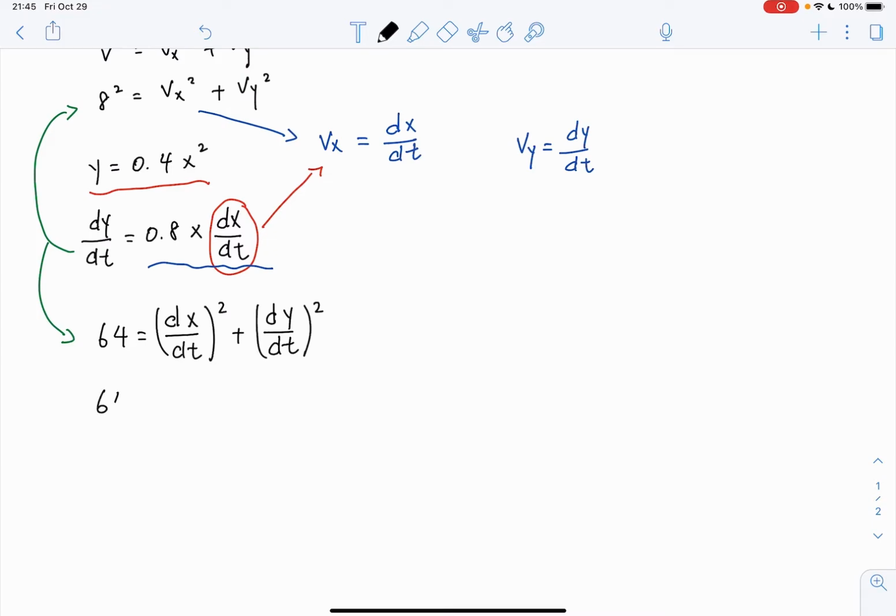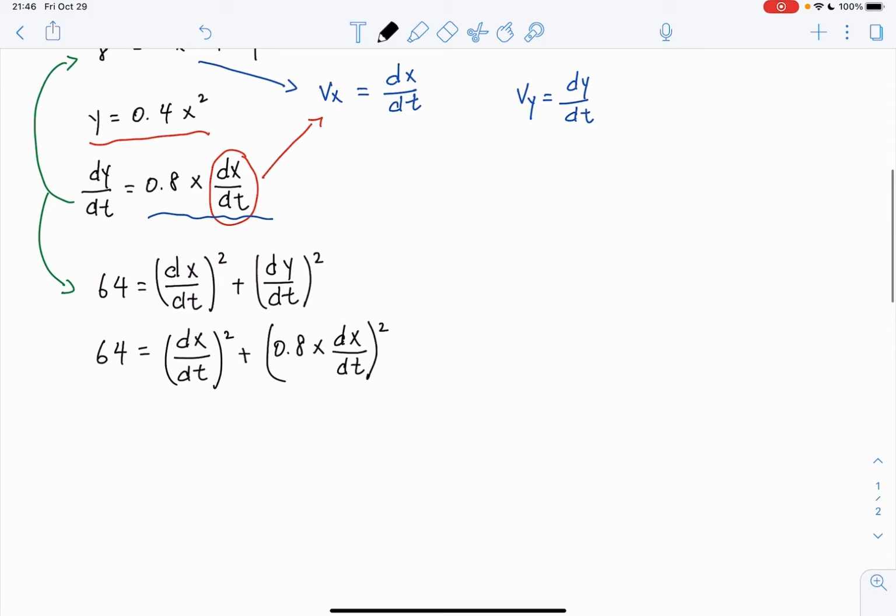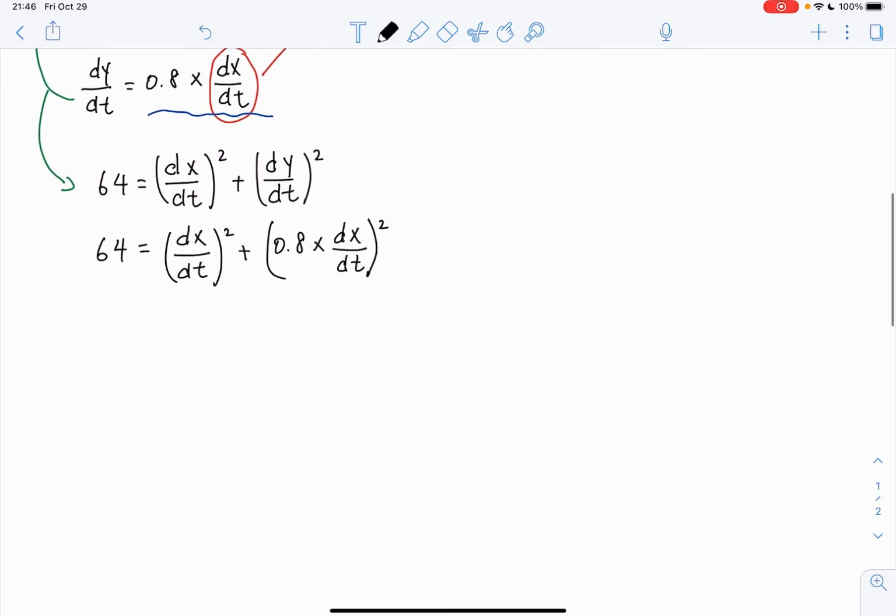So we have 64 equal to dx over dt squared plus (0.8x dx over dt) squared. Now we have an equation with one unknown, dx over dt.